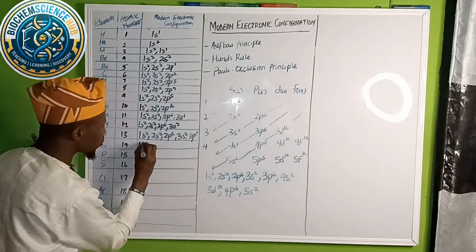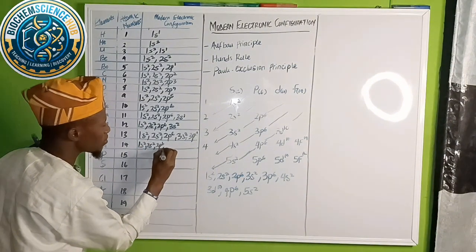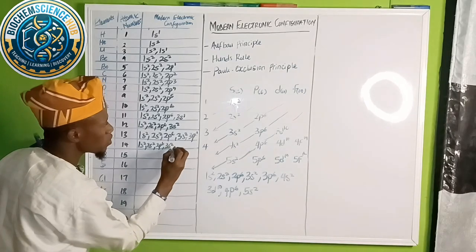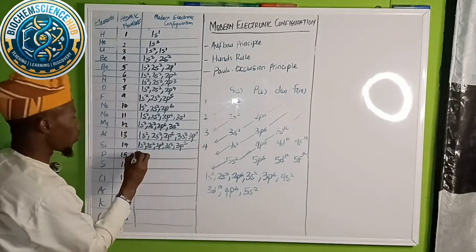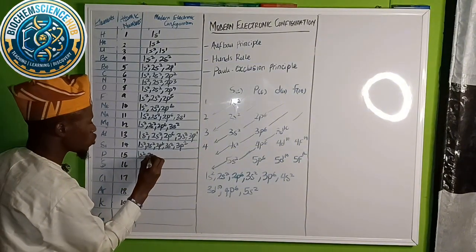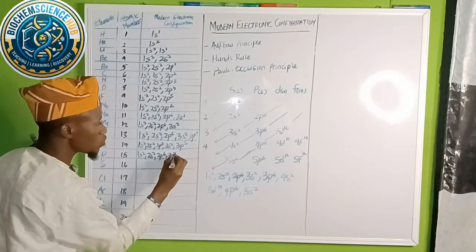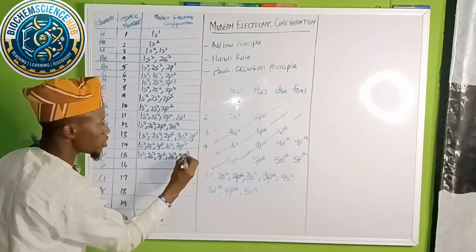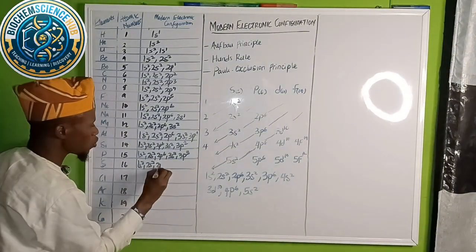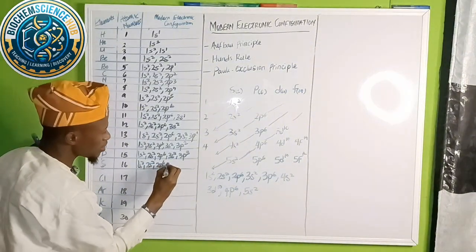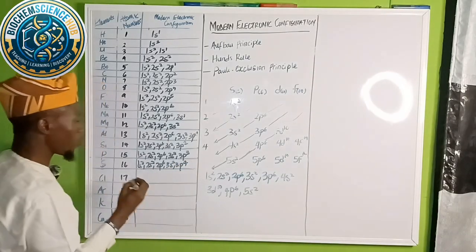So we have 1s2, 2s2, 2p6, 3s2, 3p2. And we have 1s2, 2s2, 2p6, 3s2, 3p3. We have 1s2, 2s2, 2p6, right? 3s2, 3p4.